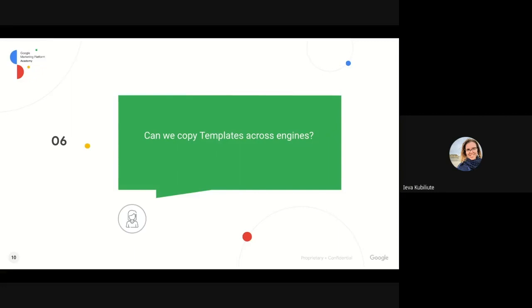For example, if you copy only the campaign template, the structure under it, that is ad groups, ads, and keywords, you can either reuse, or you can copy and have those templates as an independent setup. Please refer to the Help Center article because there's a really great explanation, more visual than I can describe in a nutshell now. But you have these options and they are really great to explore.